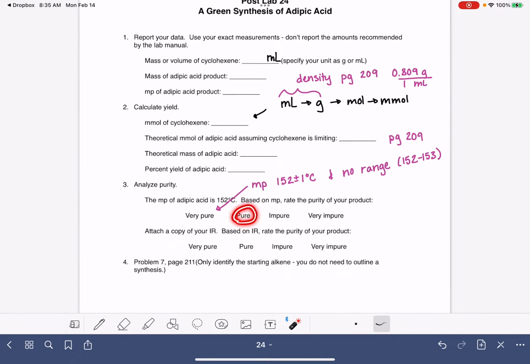A pure substance would be something that's close to this criteria, maybe it's within 2 degrees, maybe even within 3 degrees. I would go ahead and call it pure, as long as it doesn't have much of a range. So maybe, and this is just me coming up with this stuff randomly, don't take this as gospel, maybe 152 plus or minus, we'll say 2 degrees, and then maybe a range of only 1 degree.